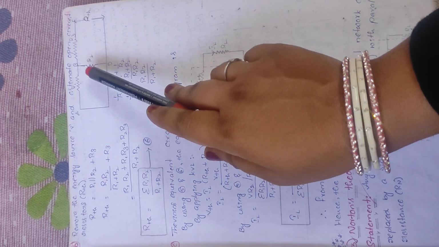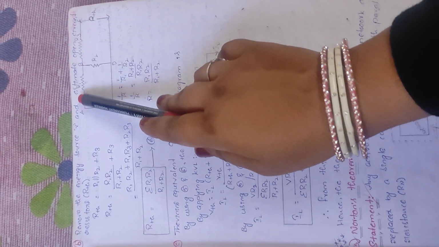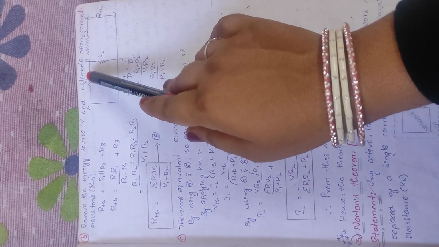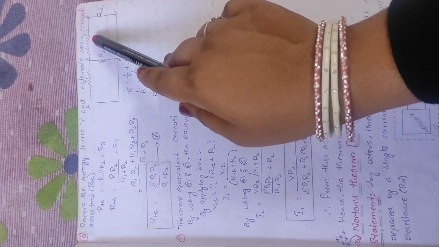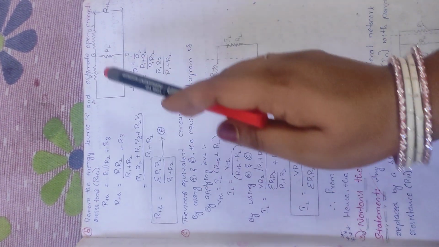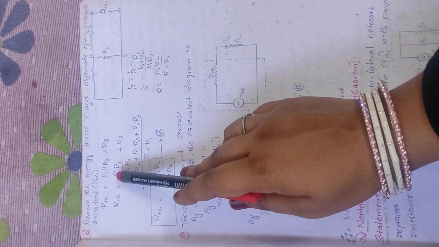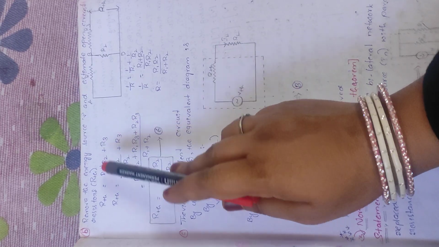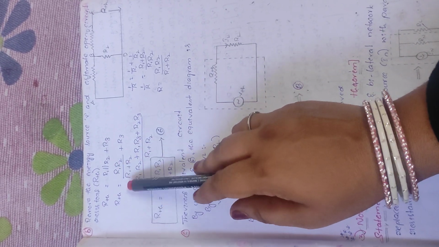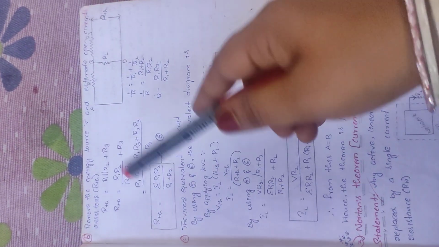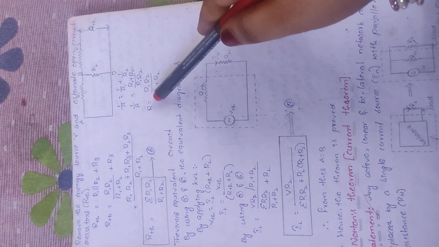These two are in parallel and this parallel combination is in series with the resistance R3. By solving, R1 parallel to R2 means R1 R2 by R1 plus R2.